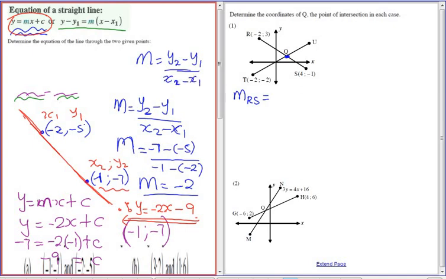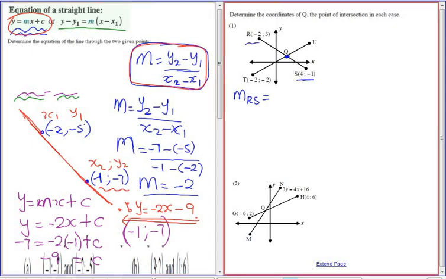Keep referring to that formula right here, so you can see it clearly. So let's get the gradient of this line without any problems now. I'm going to put these as our 2's and these ones as our 1's. So I'm going to say -1 minus -3 divided by 4 minus -2. So the gradient of RS will be easy to see.